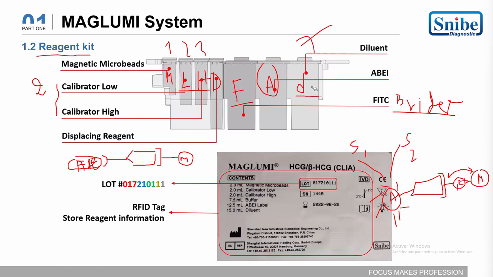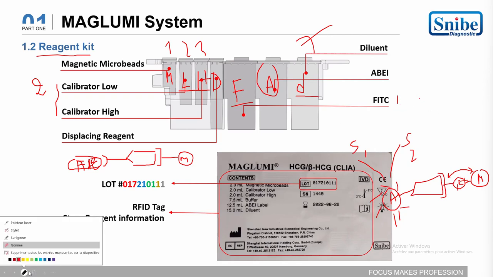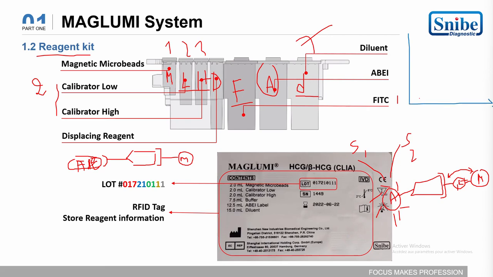And the last one is the diluent. The diluent is used in the high concentration, when our result is outside the measuring range. So normally, this is the RLU.